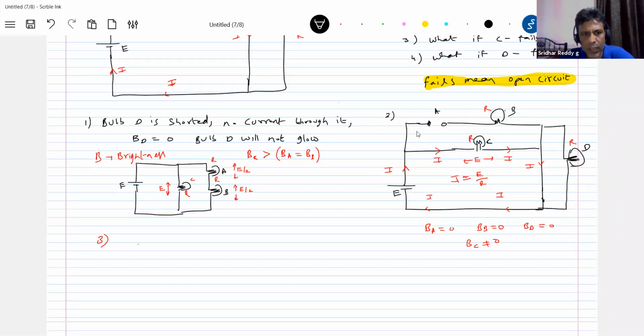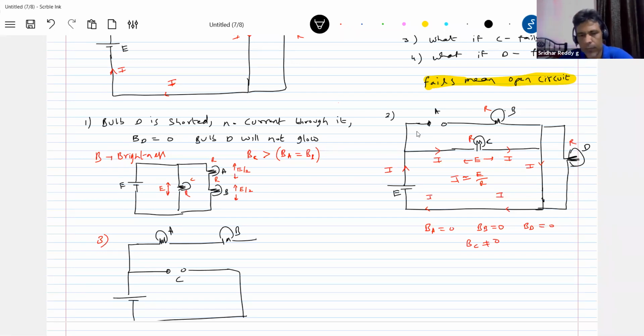Then I should show these two bulbs B, A. C fails means put an open circuit in place of C. So what is the path of current?